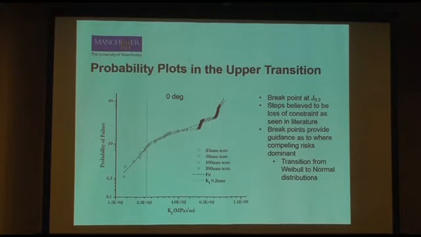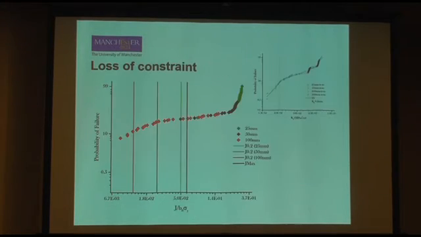And this led us to believe that we are seeing effective loss of constraint. And again, this is something that's been pointed out in the literature. So, in order to test that hypothesis, we have carried out the same assessment, but instead of using kJ, we've used a size normalized J, normalized by the initial ligament length and yield strength.